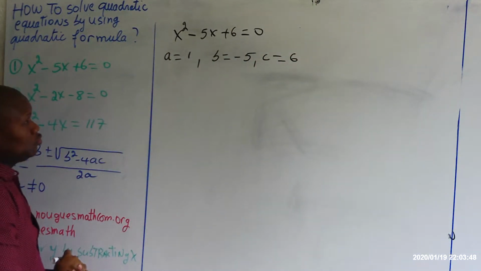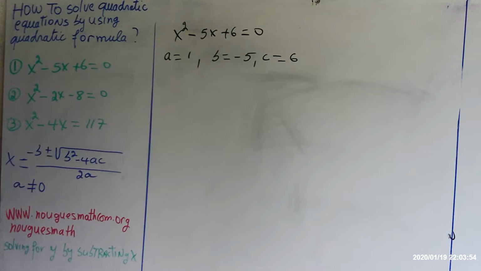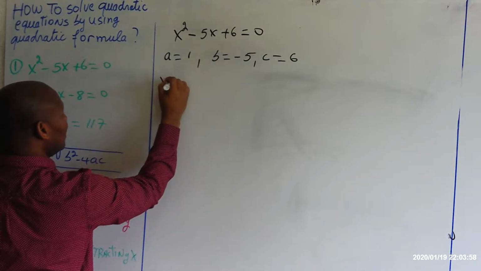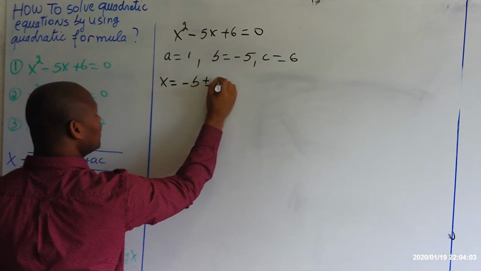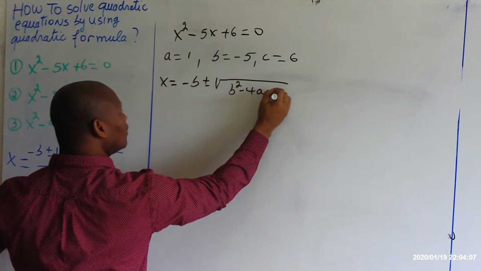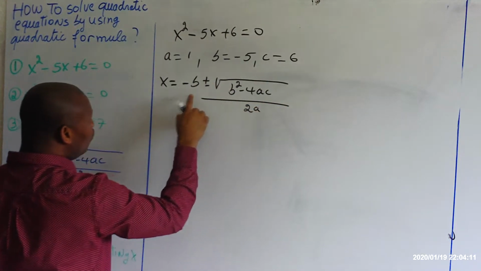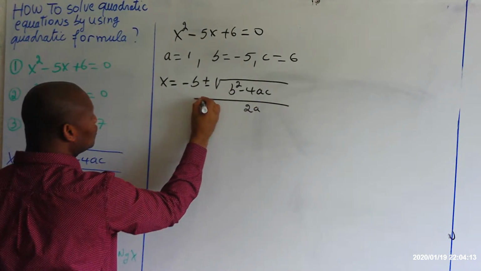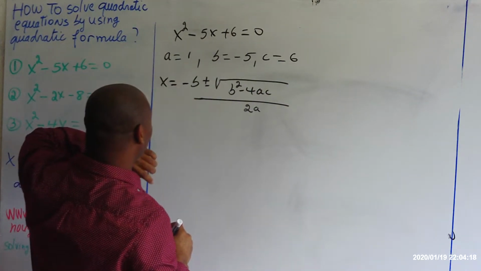So I'm going to use the quadratic formula by plugging all those values into it. Okay, let me write the quadratic formula for you. x equals negative b plus or minus the square root of b squared minus 4ac, the whole thing over 2a. Okay? Alright. So, let's start by using the terms we have.